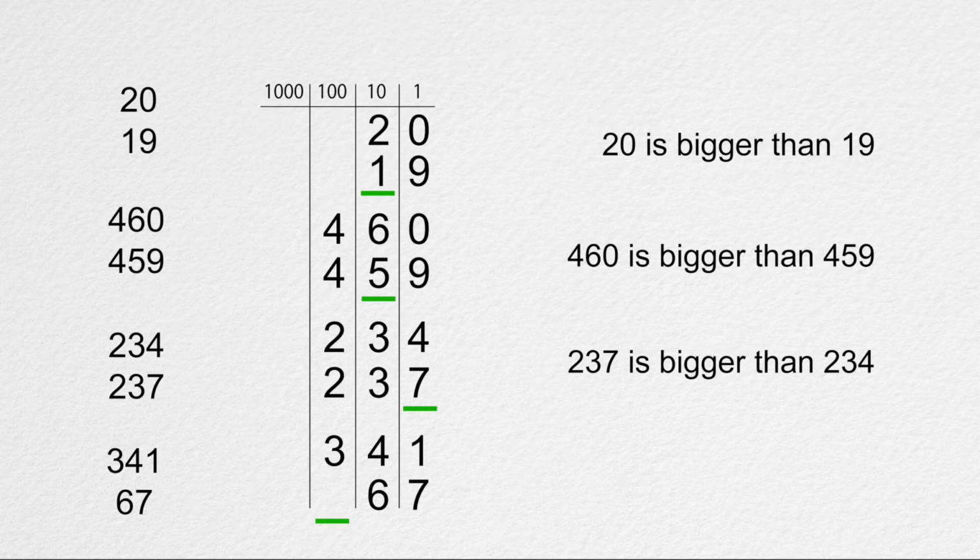We can see that 341 has 3 hundreds. With 67, although there isn't anything written here, it basically means that there are no hundreds. Let's just put a nought in to show this. Well, 3 hundreds is bigger than 0 hundreds, so 341 is bigger than 67. But you probably knew that.